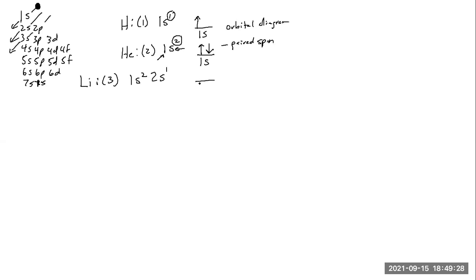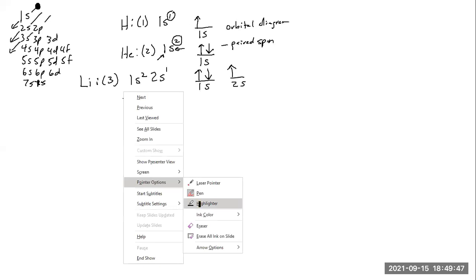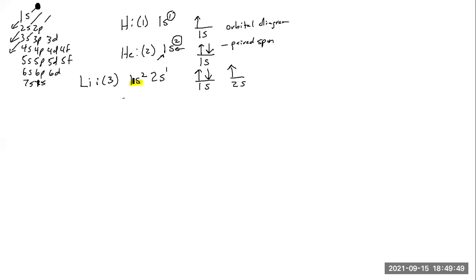And if we were to sort of draw what that looks like, we would have a box for our 1s electrons, which first one would go in, second one would go in. Now we would go to our second level orbital and put 1 electron in, going in the upwards direction. What does all this mean? Well, this means that if we look at the electron configuration, we have on the first energy level 2 electrons.